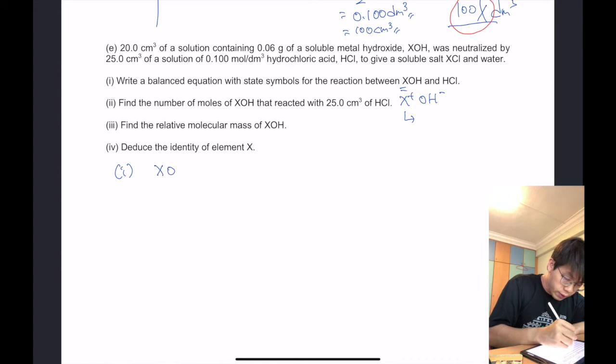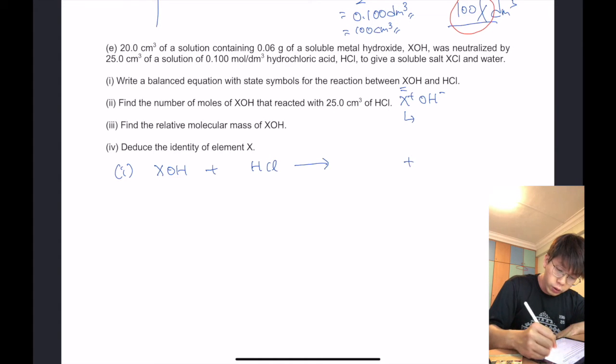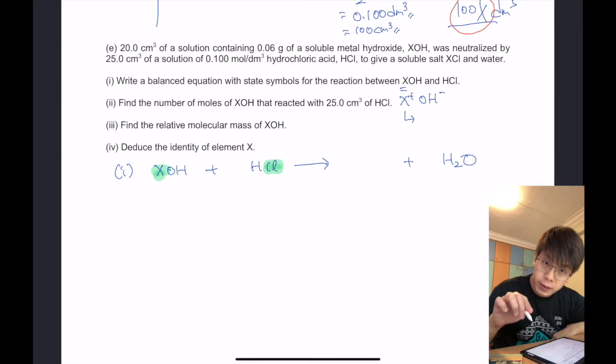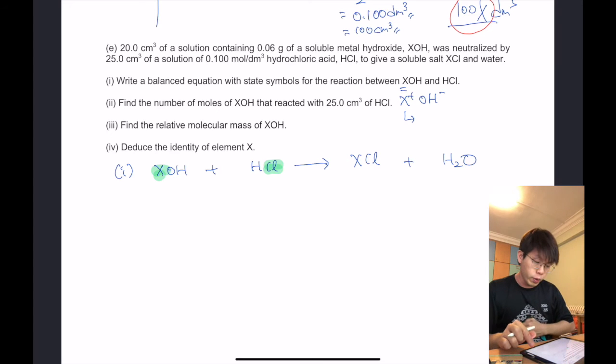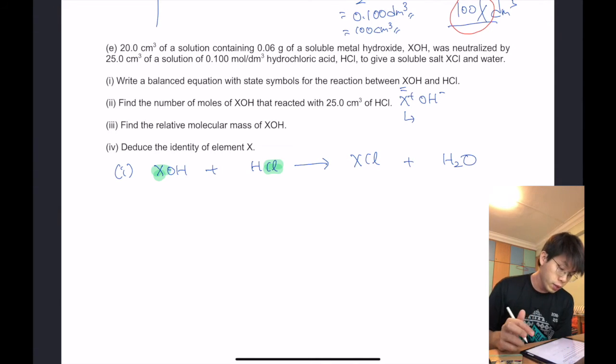So, alkali plus acid give me salt and water. So the salt is formed from the Cl here and the X here. And because I know the X is X plus and Cl is Cl minus, therefore I know that it's XCl. Do I need to balance this equation? No, it's already balanced.